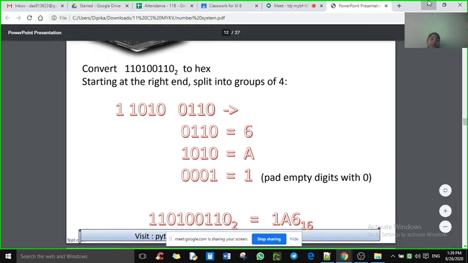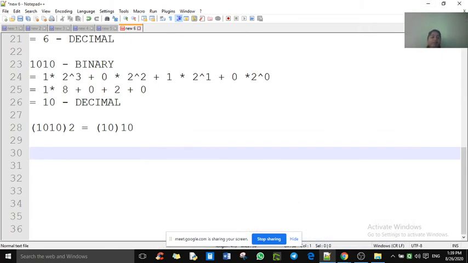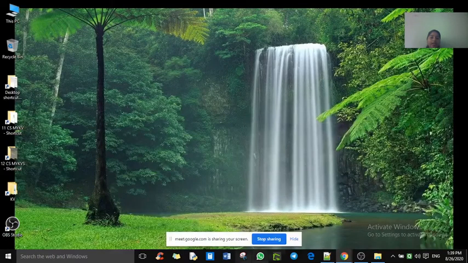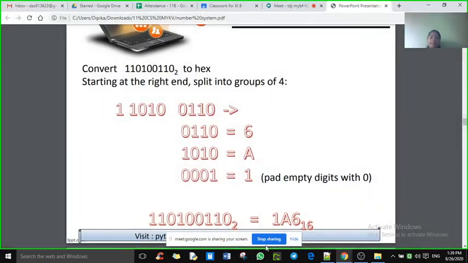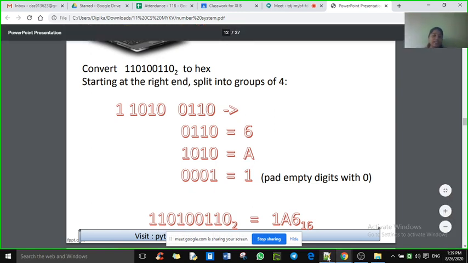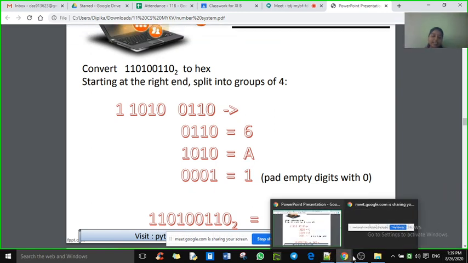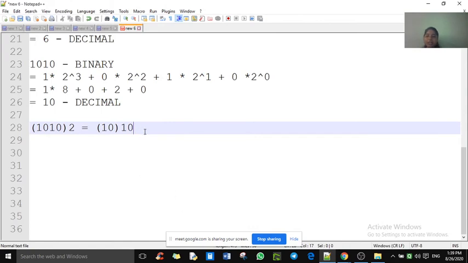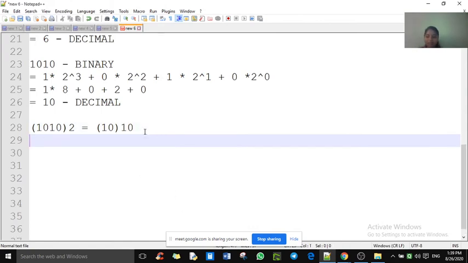Now one more thing. Here we wrote 10 in decimal. But actually, we are supposed to convert it to the hexadecimal number system. So is there 10 in the hexadecimal number system, Aisha? After 9, what comes in the hexadecimal number system?